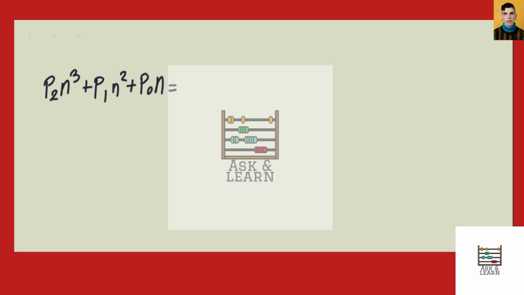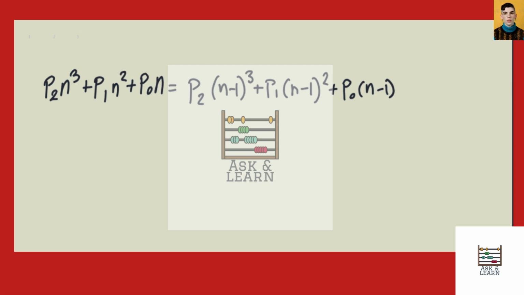So this is our a_n, and that must be equal to p2 times (n-1) cubed plus p1 times (n-1) squared plus p0 times (n-1). So that was our n minus 1 portion. Plus 1/2 n squared plus 1/2 n.